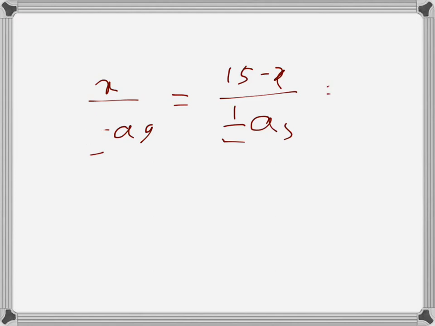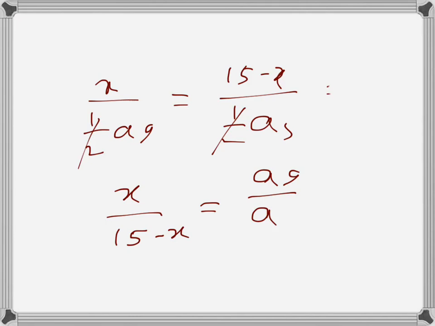So half and half get cancelled. So this is x divided by 15 minus x equals ag divided by as, and this is 0.13, this is 0.62 if I am not wrong. Yes, so this is becoming 0.21. So x over 15 minus x is equal to 0.21.